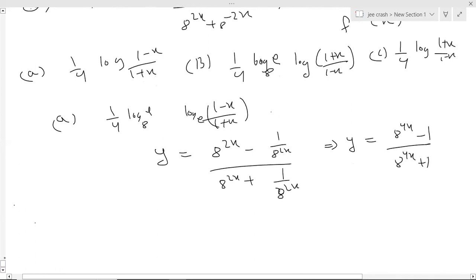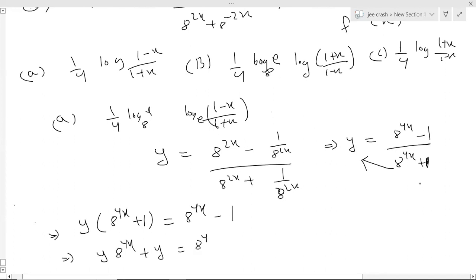You can simplify this by multiplying here. So y times 8 to the power 4x plus 1 equals 8 to the power 4x minus 1. So y 8 to the power 4x plus y equals 8 to the power 4x minus 1. This y goes to that side and this comes to this side.